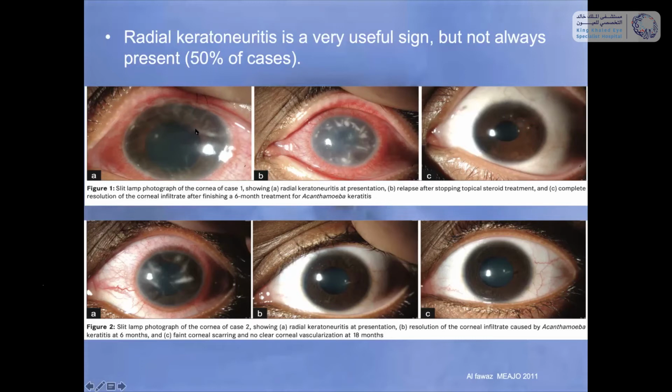The patient presented with this keratoneuritis, and it had a relapse once the patient stopped the steroids, as you can see here. This is another reported case in their series showing you here nicely the infiltrate with the Acanthamoeba trophozoite.